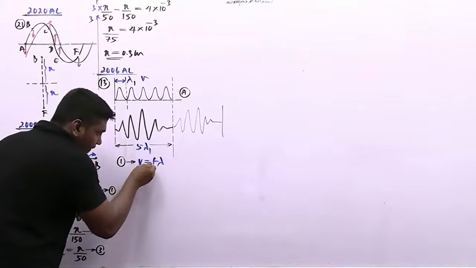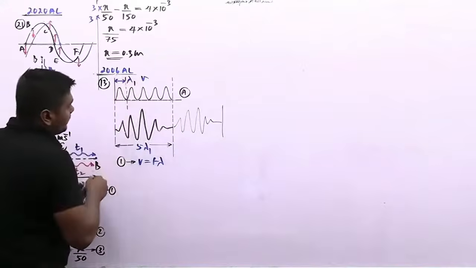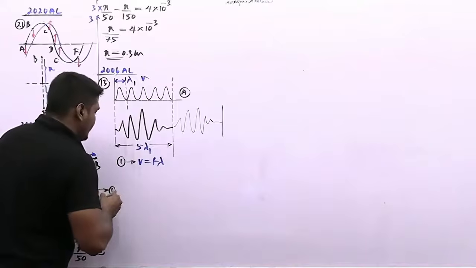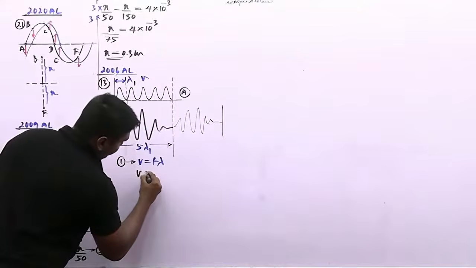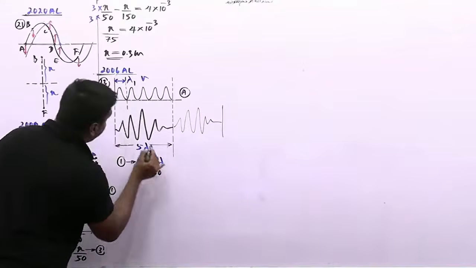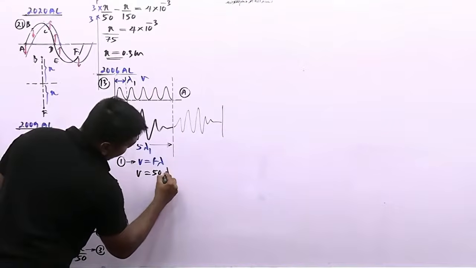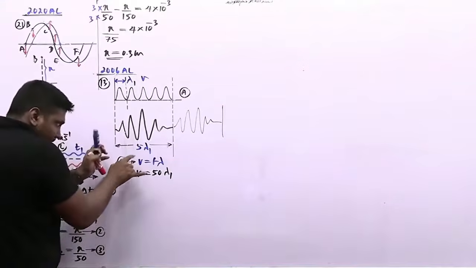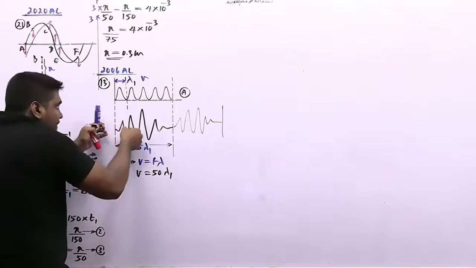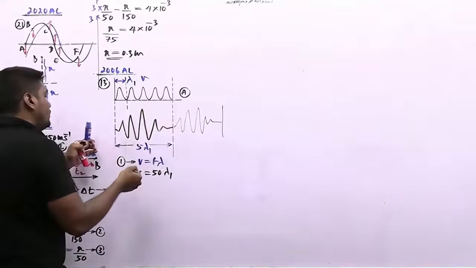The speed of the sound is V, the frequency of sound 1 is 50, and the wavelength is lambda 1. Then apply V equals F lambda for the resultant sound wave of sound 1 and sound 2.